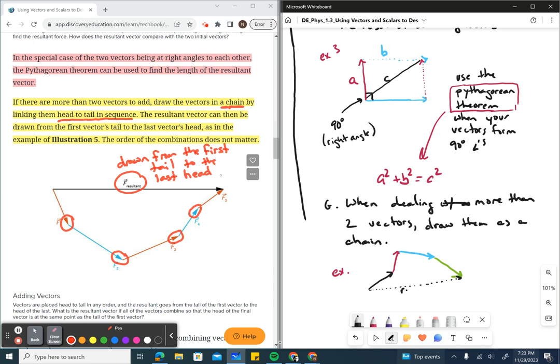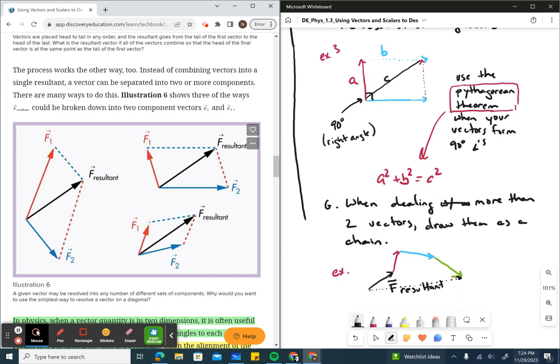This could be your resultant. F resultant would be that one right there. All right. I think we're almost finished here.